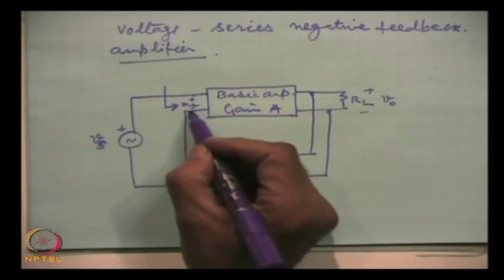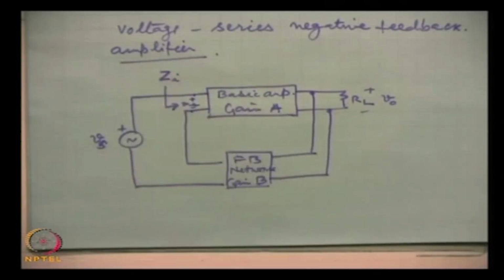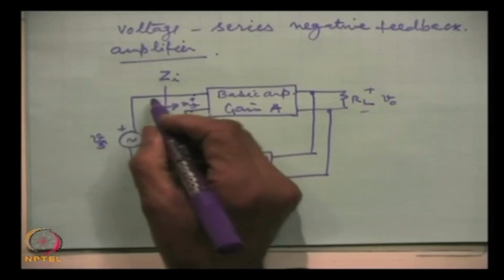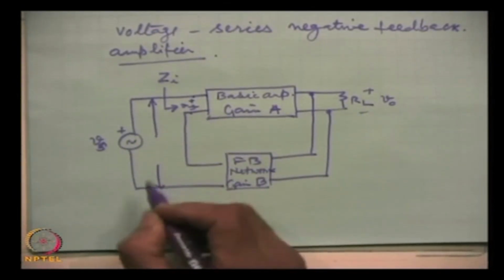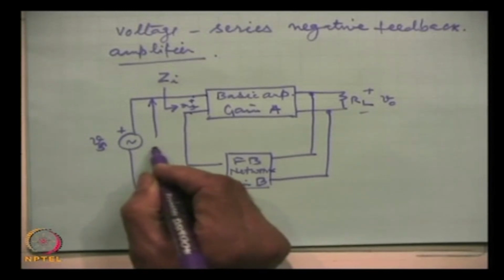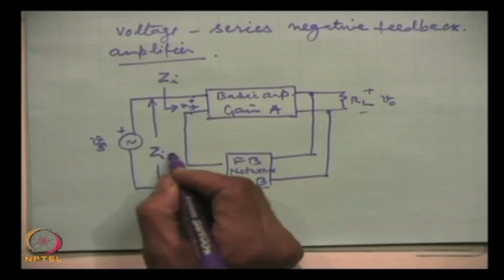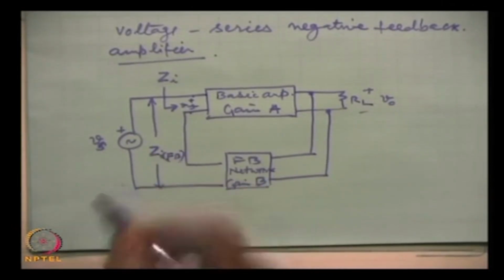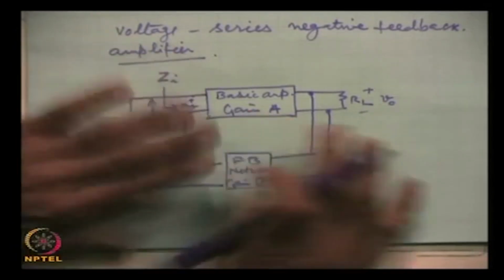If we measure between these 2 terminals, that will be the input impedance without feedback, and when we measure between these 2 terminals, from here to here, this will be Z I F B, with feedback, because we exclude this.